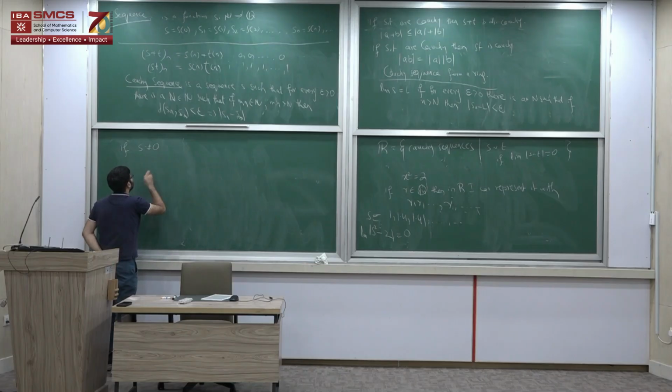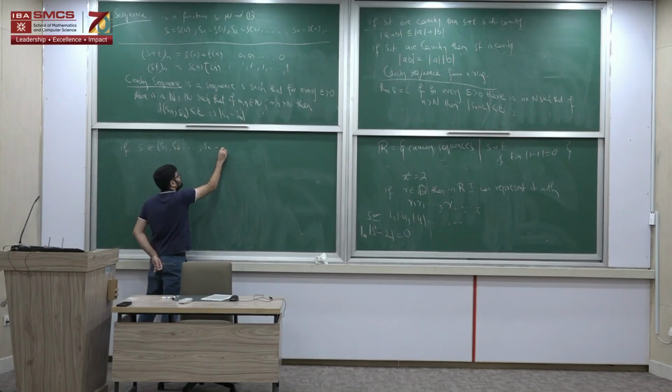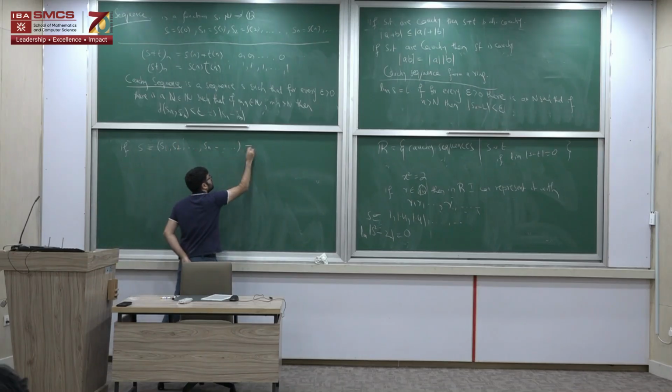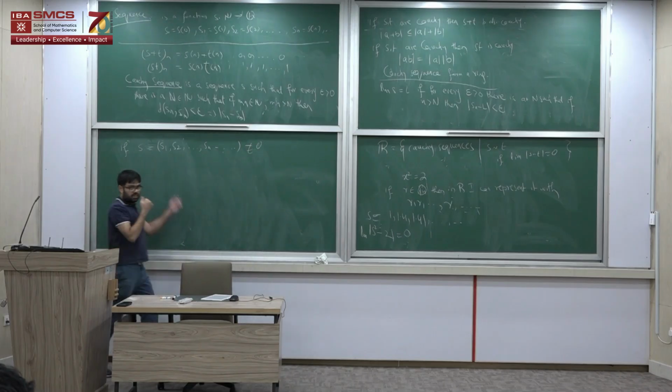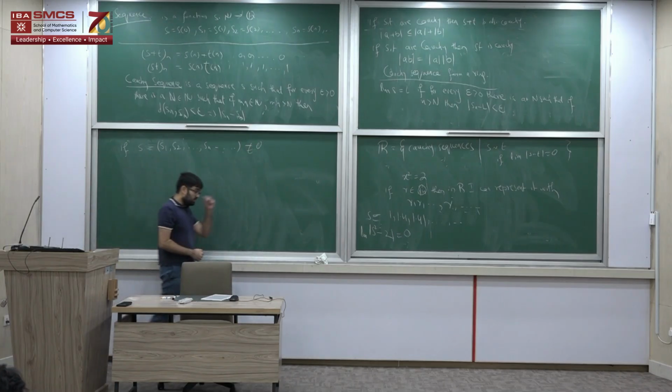So S, the sequence S1, S2, Sn, and so on, is not equal to 0, by which I just mean the limit of the sequence is not 0, because that is what I care about.